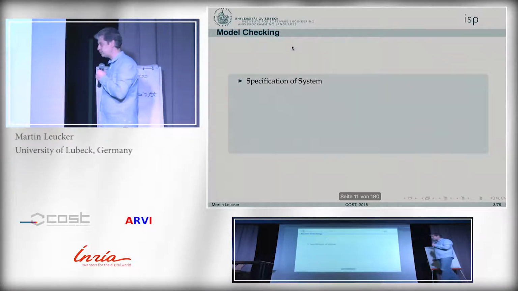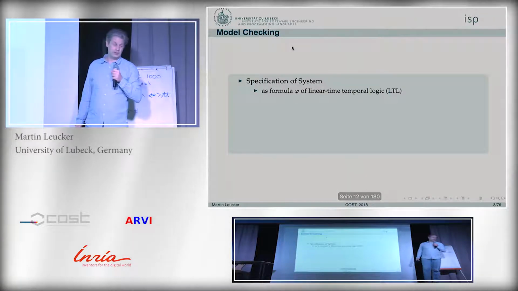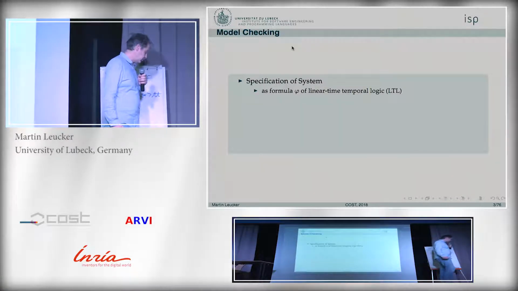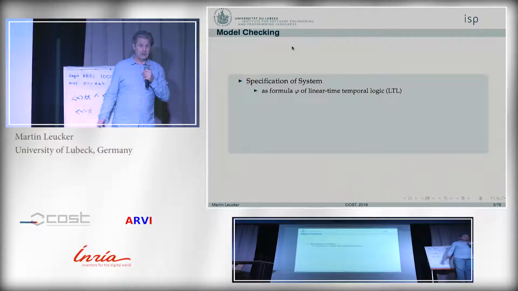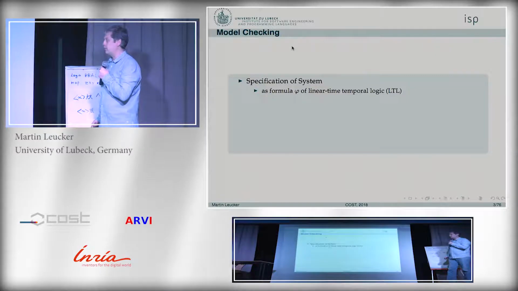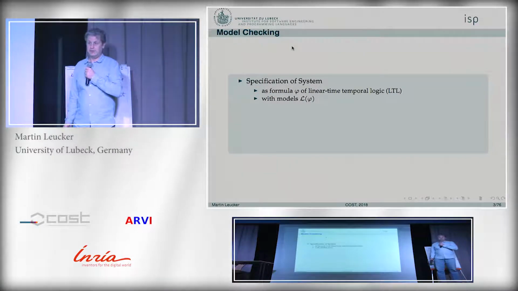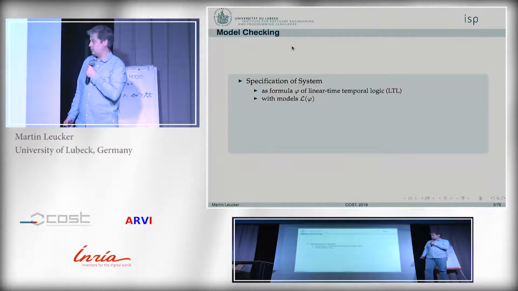Right. What is model checking? Model checking, well, we have a specification as well. For example, in linear temporal logic, one of the temporal logics that are used in this area, we also define in that way a set of runs that are correct according to our specification.